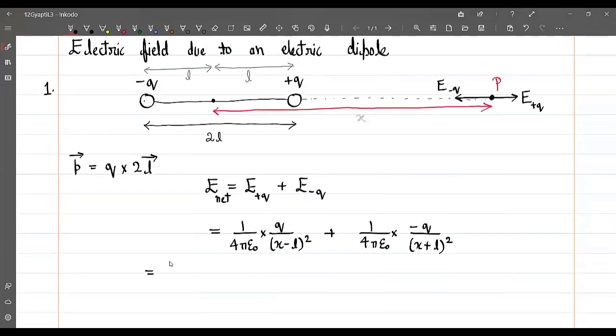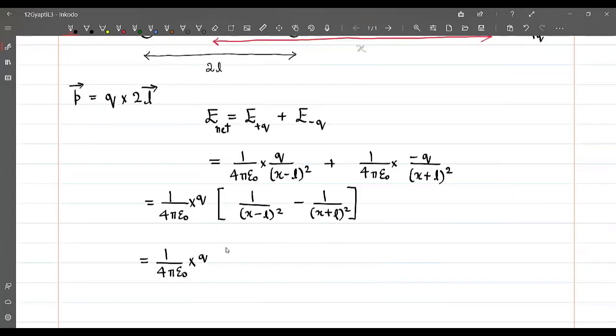So let us take 1 by 4 pi epsilon naught and Q common. So here I will get 1 over x minus L square plus 1 over x plus L square. This will be cross multiply. So x plus L square minus x minus L square, whole divided by x minus L square, x plus L square.